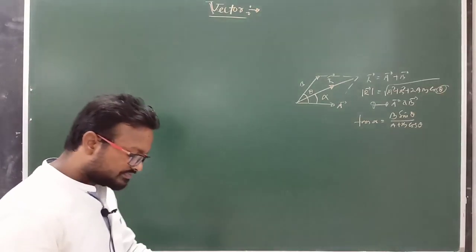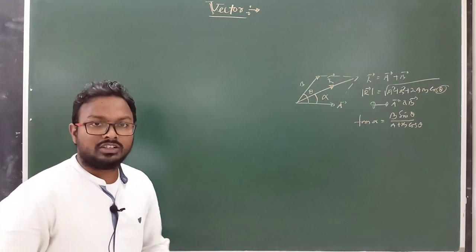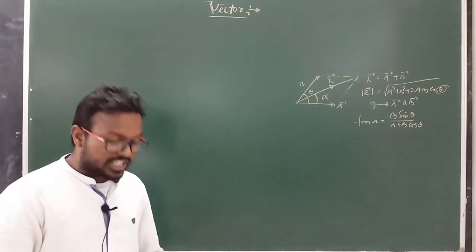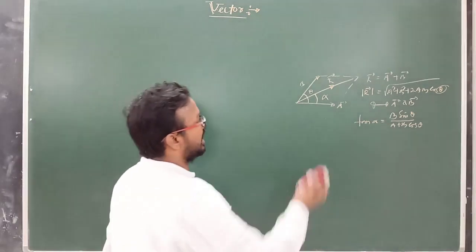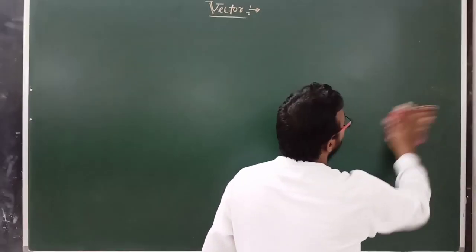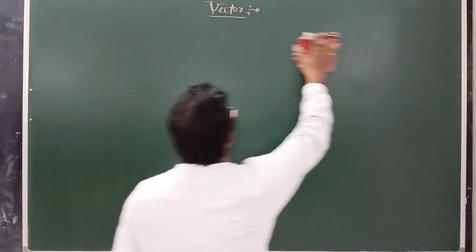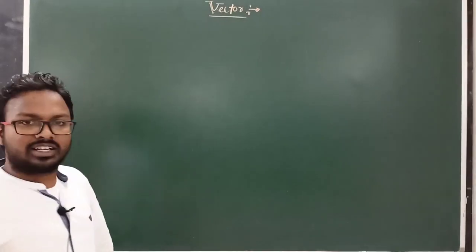Now let's start. These are two vectors. When there are two vectors which possess both direction and magnitude, at that time we need to use the triangle law of vector addition and the parallelogram law of vector addition.